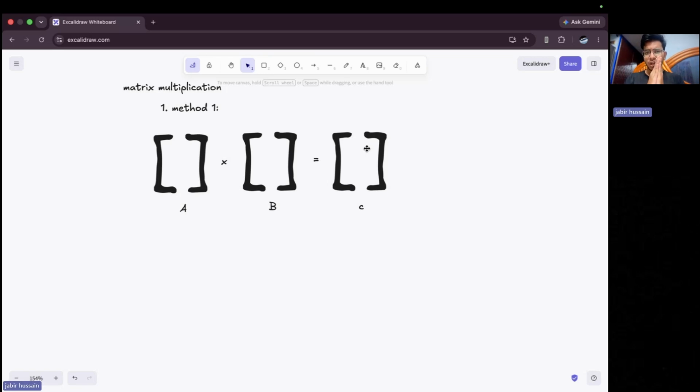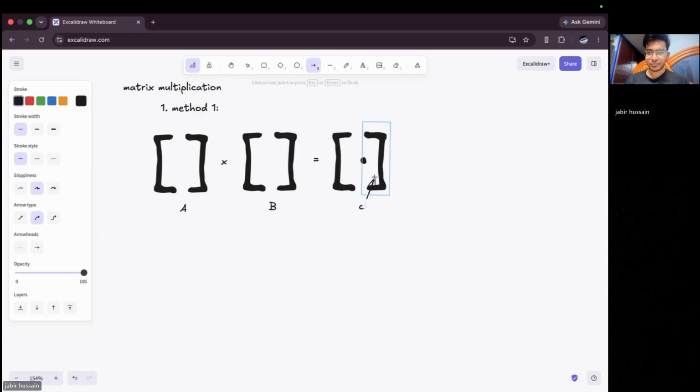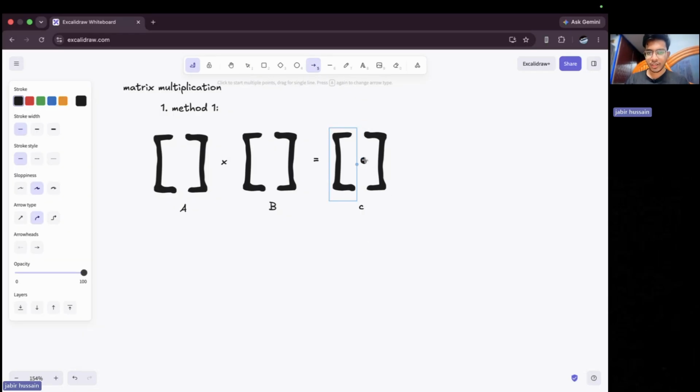Now, what I have told you just now is that I have a matrix A, I have a matrix B, and I'm getting matrix C. Now, let us assume that there is an element, and I'm interested in this particular element.